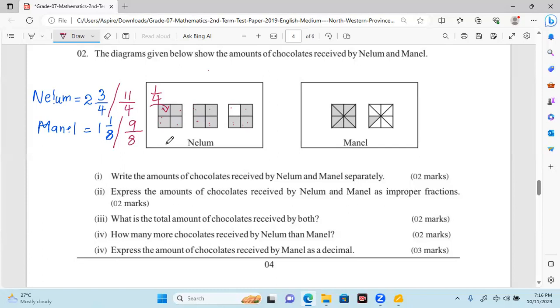To find the total amount of chocolate received by both of them, how do we do it? We have to add these two together, no?